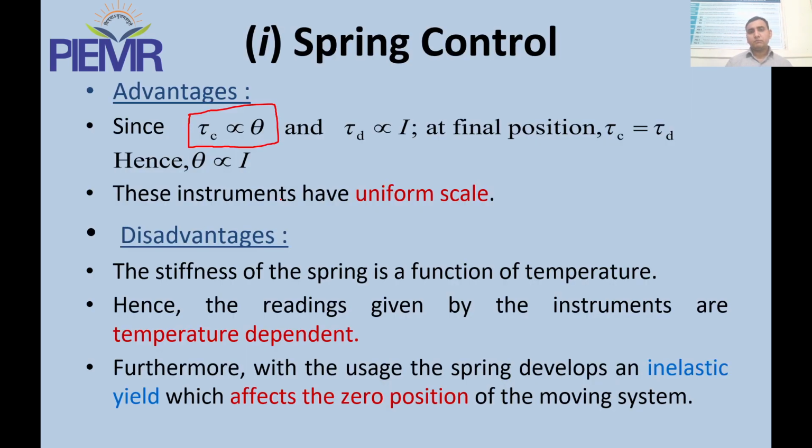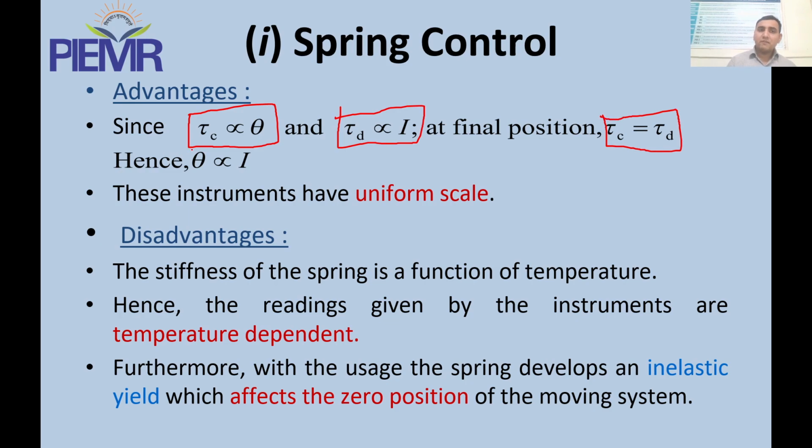Okay, now as we know, in the case of a PMMC meter, deflection torque is directly proportional to the current provided in the moving coil. Then at the final position, at steady state, deflection torque is equal to controlling torque.